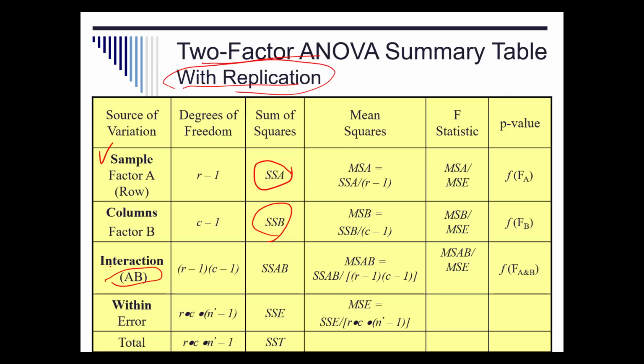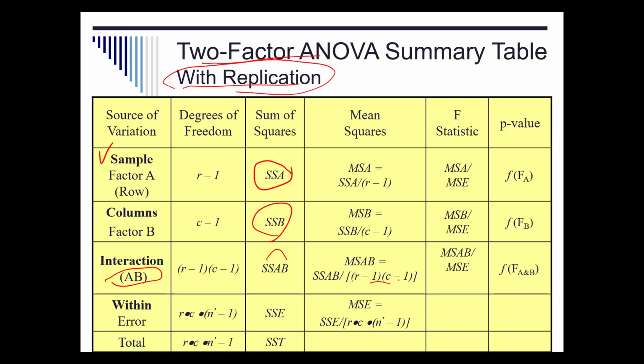Also, there's the interaction between factor A and B. So you do R minus 1, the number of rows minus 1, times the number of columns minus 1. We call this SSAB, the sum of squares for the interaction between A and B. The mean square for the interaction is the sum of squares for the interaction over its degrees of freedom.